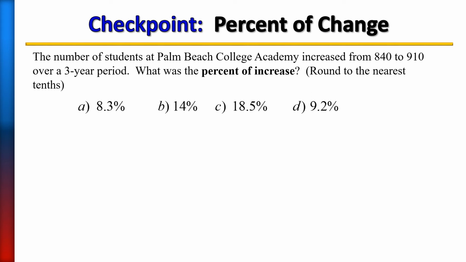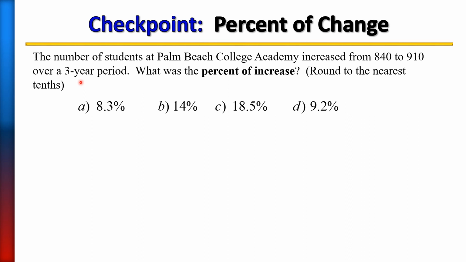Okay, let's see what you came up with. If we look at our first number that we're given, it's 840. The new number is 910. It's greater than the original number, which means that yes, it was a percent of increase.